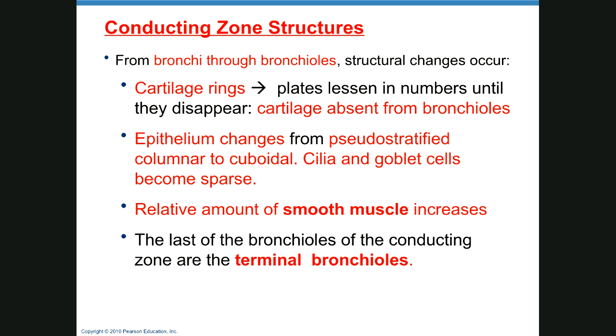Just like the makeup of the tubes change from less cartilage, more muscle, the tissue lining the tubes also changes from the stratified ciliated columnar epithelium to a cuboidal epithelium that is going to have progressively less cilia and goblet cells.